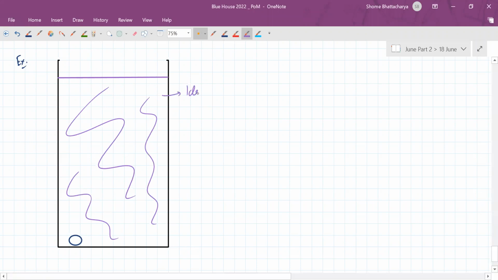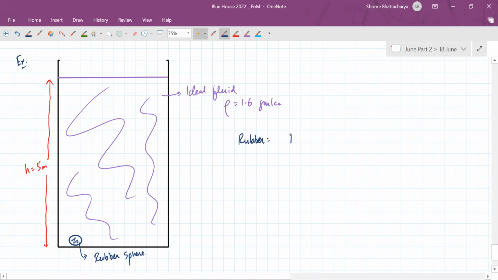So if this is an ideal fluid of density, let's say 1.6 gram per cc, and this is a total depth of 5 meters. Now this is a rubber sphere. Rubber's bulk modulus is given to us as something like this.